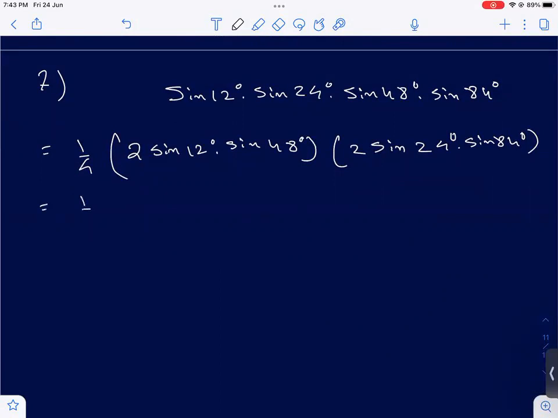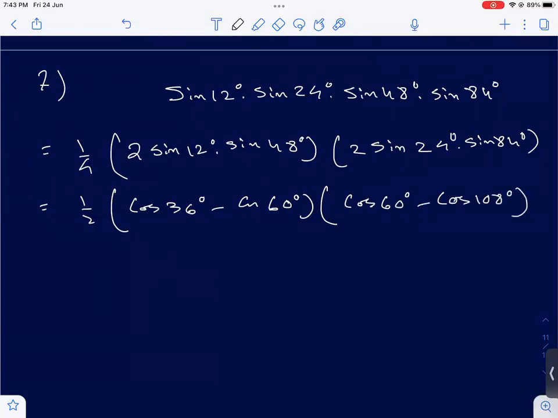It means cos c minus cos d formula: cos 36 minus cos 60. And this is coming cos 60 minus cos 108. So this is coming to be 1/4 outside, so 1/4 cos 36.